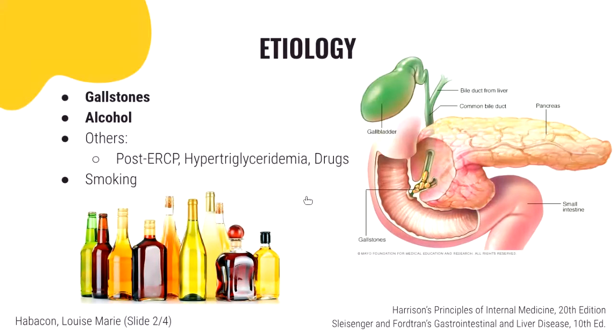Some drugs could also cause acute pancreatitis, such as sulfonamides, and also the diuretics such as furosemide and thiazides. Smoking adds to the susceptibility of patients who are taking in alcohol, so it increases the risk of having acute pancreatitis.